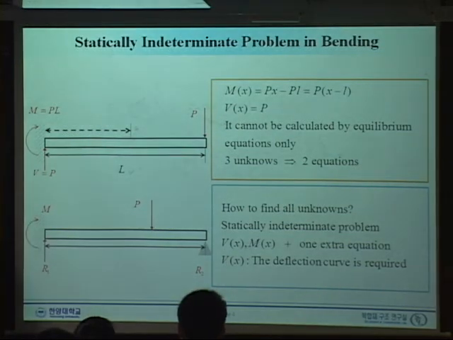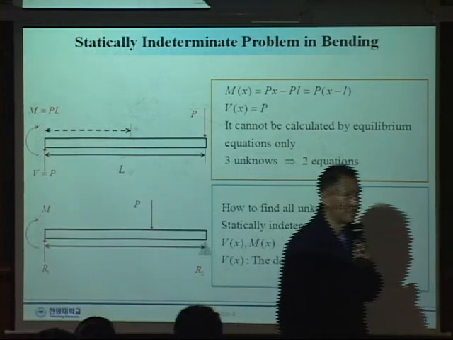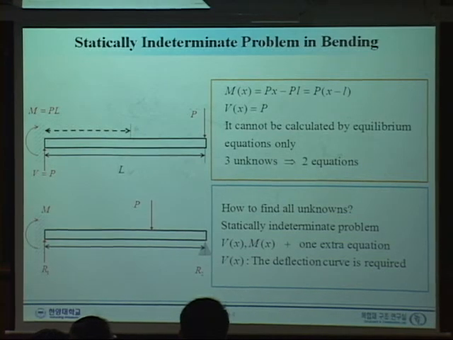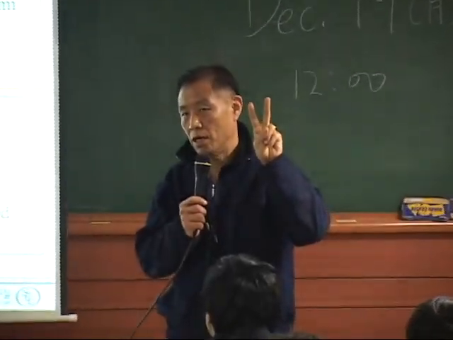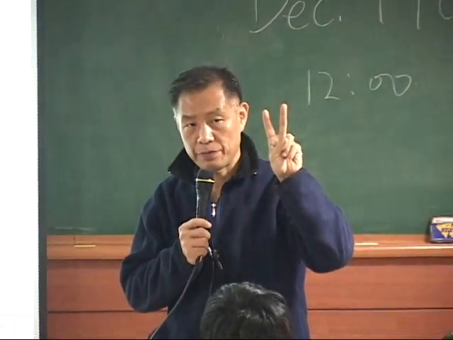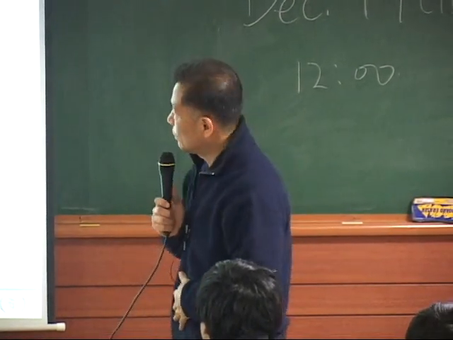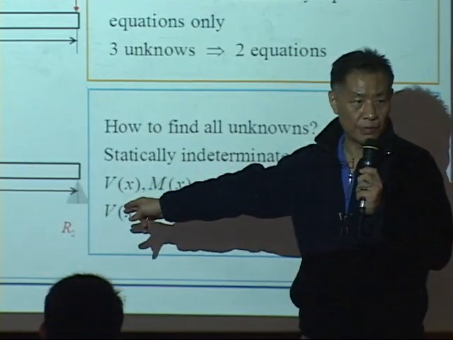How many unknowns do we have? We have 3 unknowns, right? And how many equilibrium equations can we use? 2: vertical equilibrium equation and moment equilibrium. Anyhow, this problem is a statically indeterminate problem.